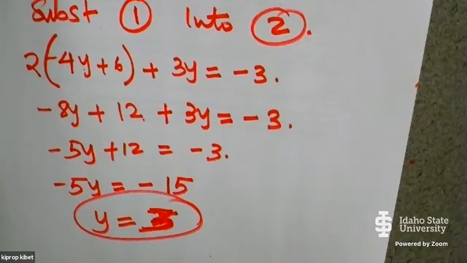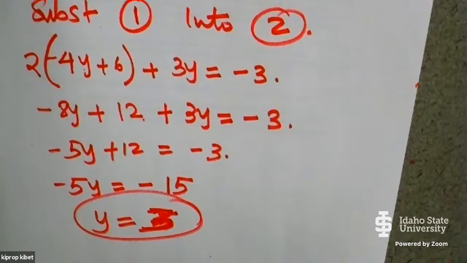So this is minus 8 plus 12 plus 3y, equals minus 3. Then minus 8 plus 3 is minus 5y plus 12 equals minus 3. Then you take 12 to the other side. So you get minus 3 minus 12, you get minus 15. And then when you divide by negative 5, finally you get y equals 3.